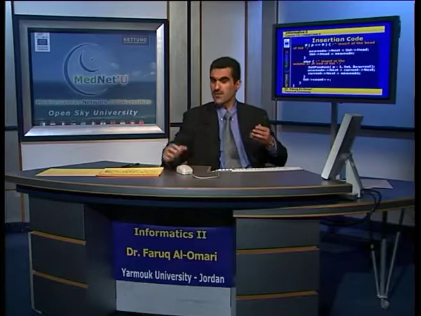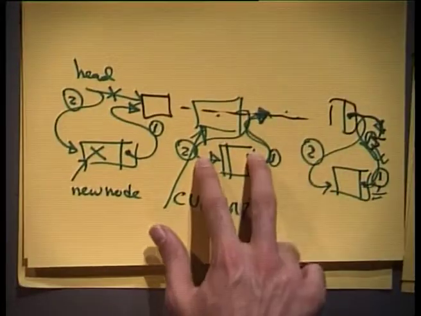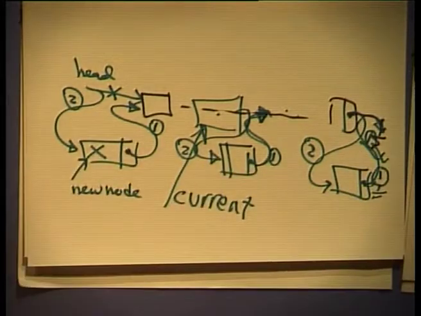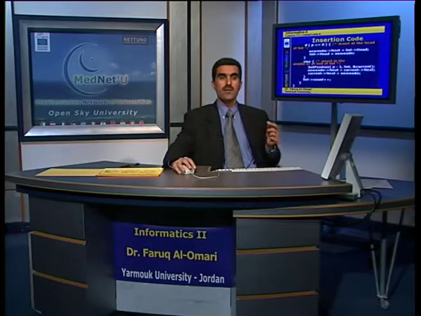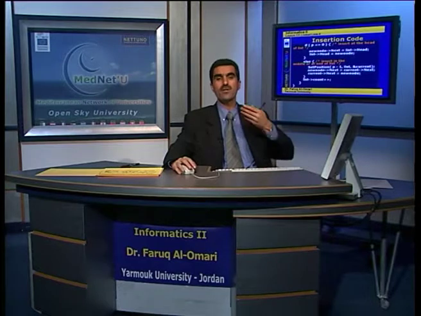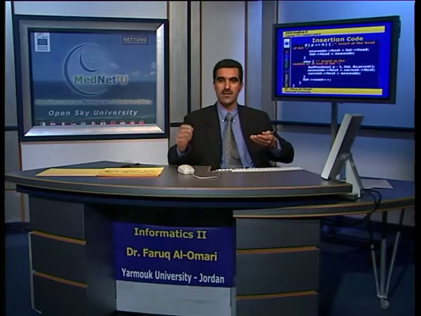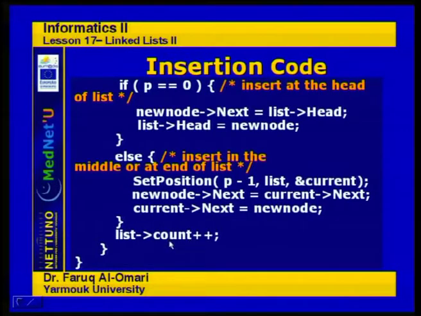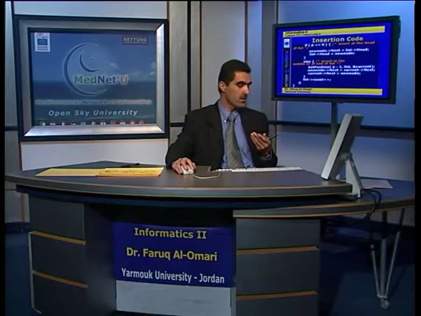Okay, so I inserted the new node, whether in the middle or at the end, it's the same thing. That's the second step. What do I do after that? Well, just remember that you have a new entry that has been added in the list. So all you have to do is go to your list and to this member, which is called count, which always gives the number of entries in there, and just increment it and return.